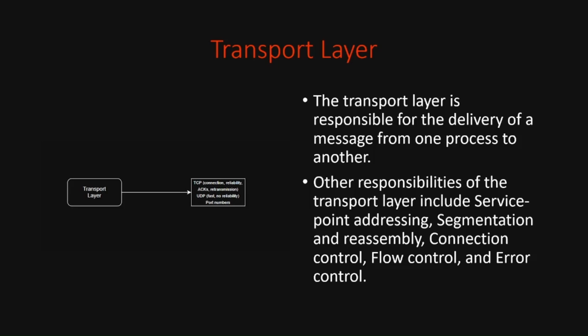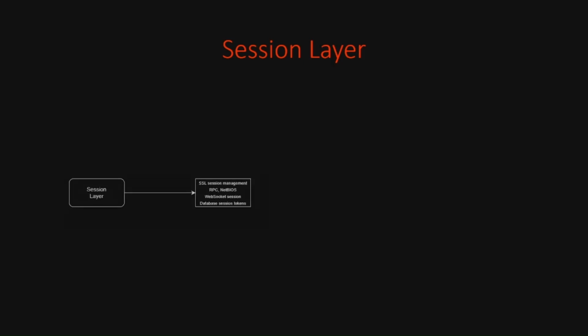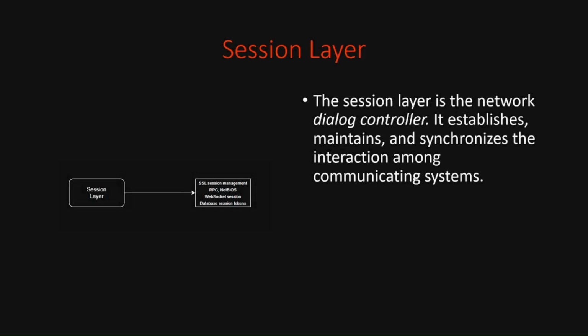Now we move up to the fifth floor of our OSI building, the session layer, the part of the system that manages the actual conversation between two devices. If the transport layer ensures that messages reach the right process, the session layer takes on the role of dialogue controller. It's like the moderator of a meeting. It establishes, maintains, and synchronizes the interaction among communicating systems.